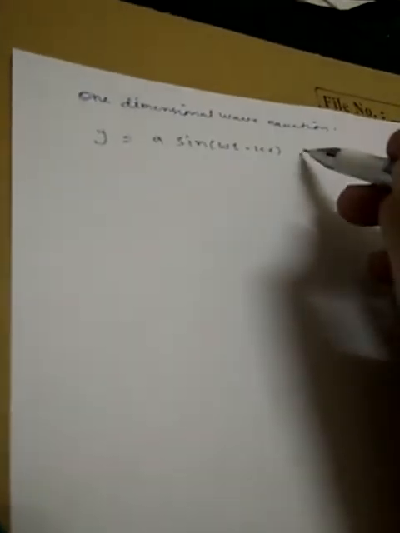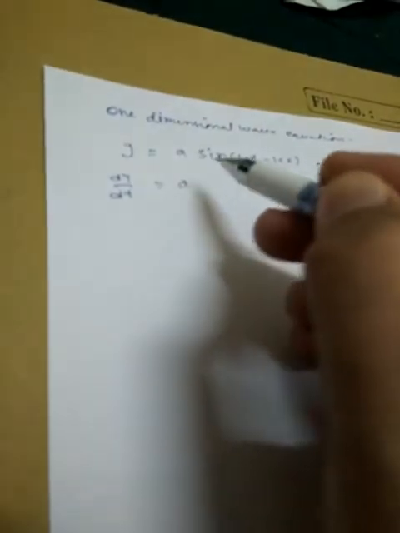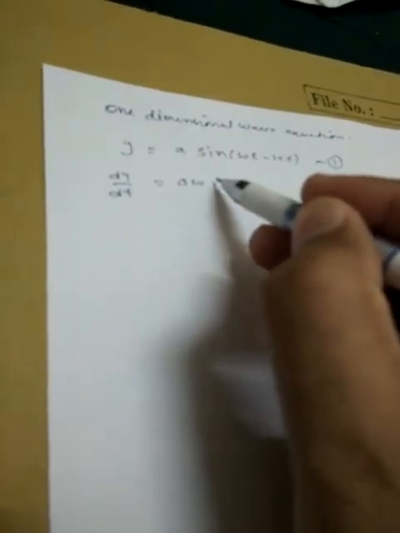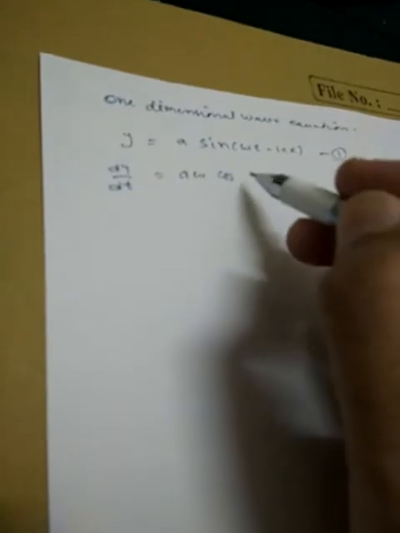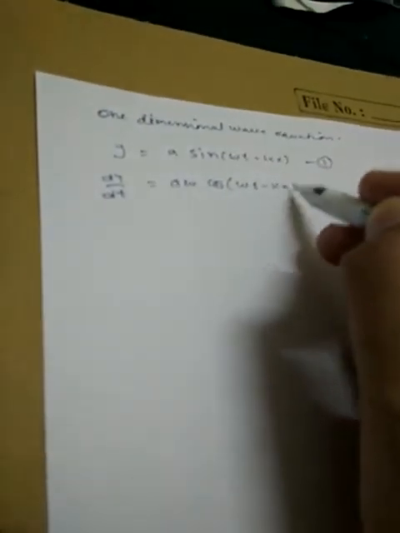To find the wave equation, we differentiate equation number 1 with respect to time. We will have dy upon dt equal to a omega cos(omega t minus kx).